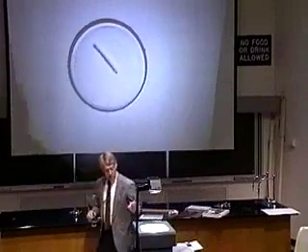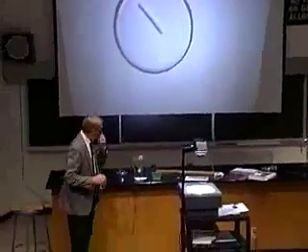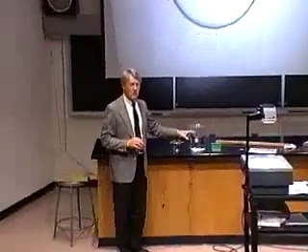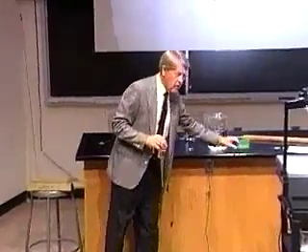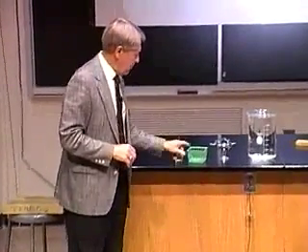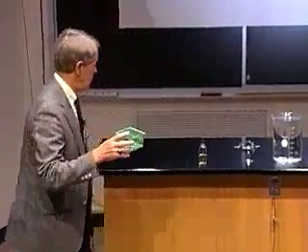Let's leave that there just a second, and let's look at a slightly larger system first, and then we'll come back to that one. Here I have a beaker of water, and I have a little strawberry basket. The density of the plastic itself is just a little bit more dense than water. However, it will displace enough volume that it will not totally sink, but it will actually set on top of the water as long as I do not break the surface tension.